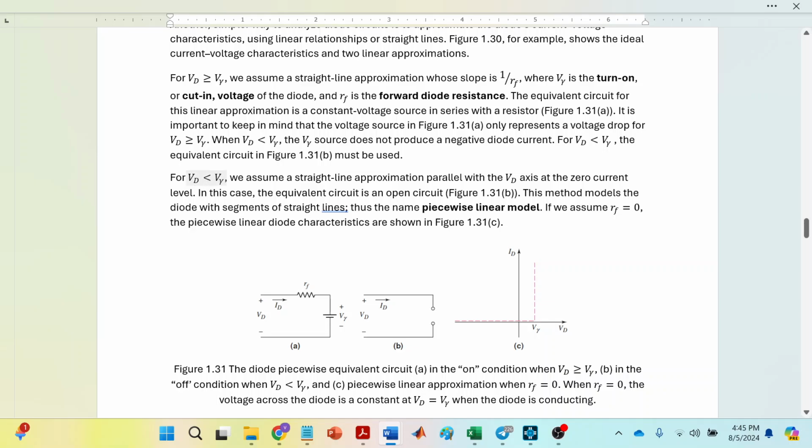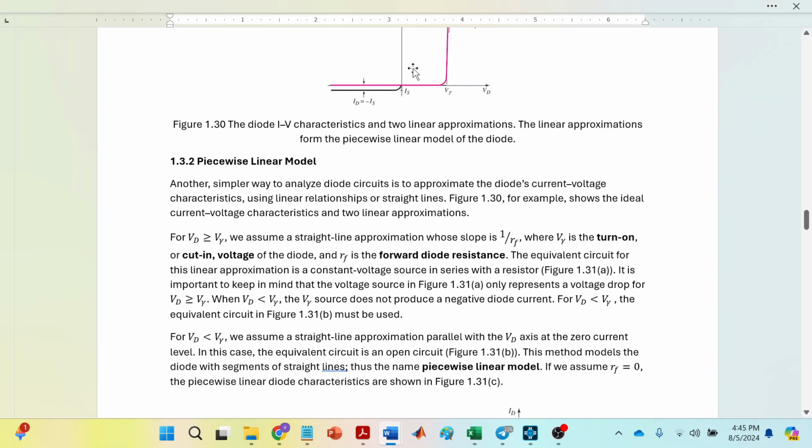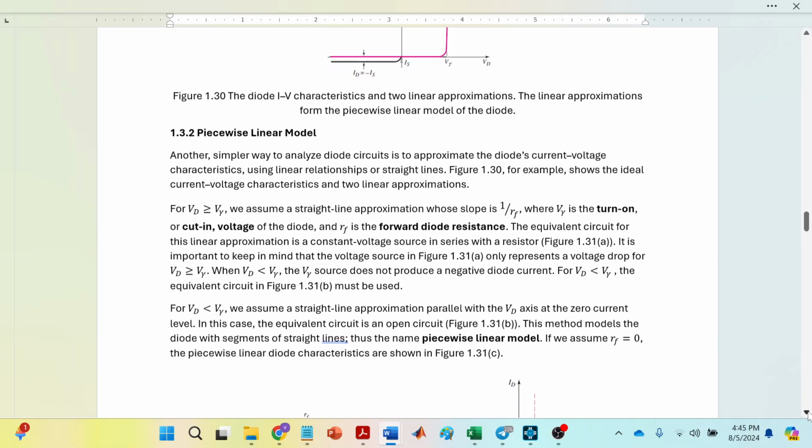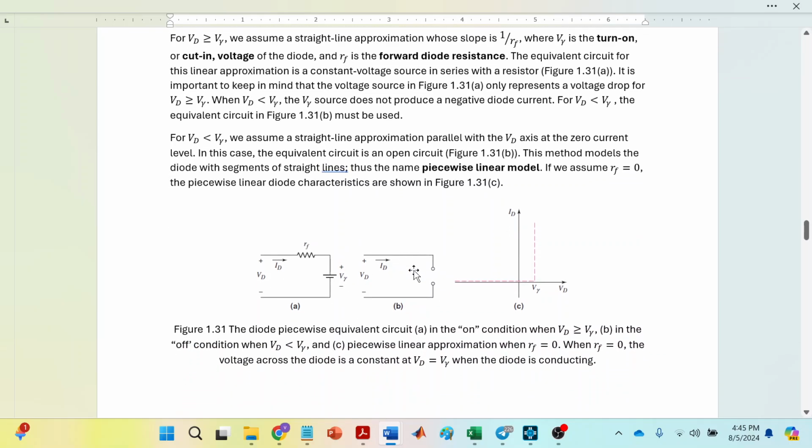So for the second scenario where VD is less than V gamma, we are assuming a straight line approximation parallel with the VD axis at zero current. So essentially in this second condition, it's an open circuit, so the diode current is equal to 0.